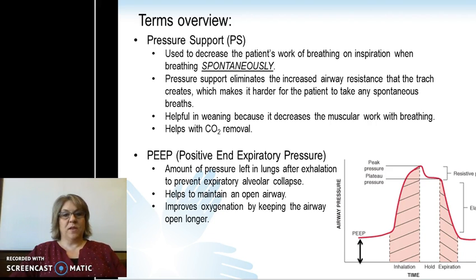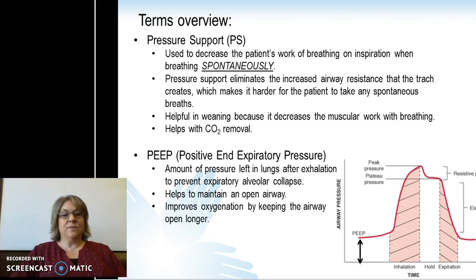We are used to breathing through a tube which is a little bit less than an inch in diameter. Now we are expected to breathe through a tube about the size of your pinky finger. There is a lot of resistance with this, and it will make it hard for them to take any breaths. We want to encourage our clients to take breaths on their own to keep their muscles strengthened. This is a very helpful setting in weaning because it decreases the muscular work with breathing and helps with CO2 removal.